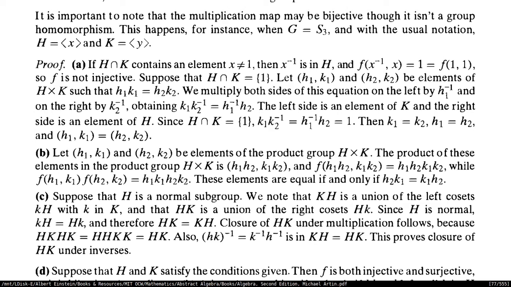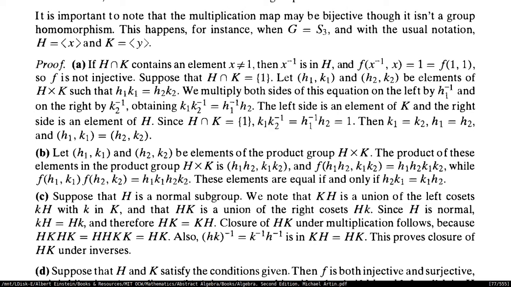Now C. Okay, so now if you have the normal subgroup H, KH can be written as the union of left cosets of K and the subgroup H, and HK can be equally written as a union of right cosets.